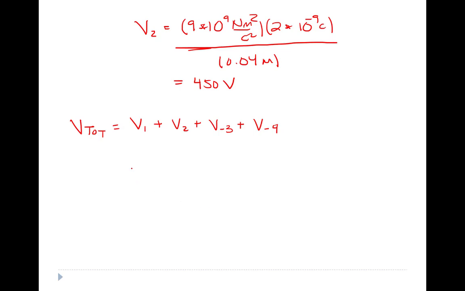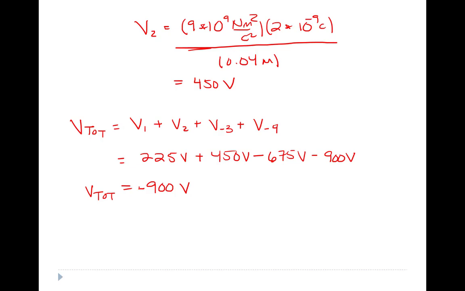And that works out to be 225 volts plus 450 volts minus 675 volts minus 900 volts, and the total voltage therefore is a negative 900 volts.